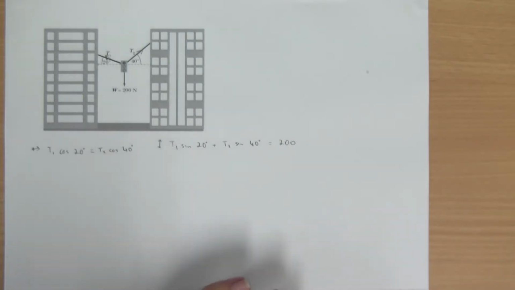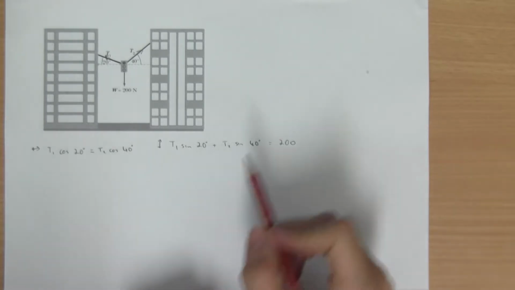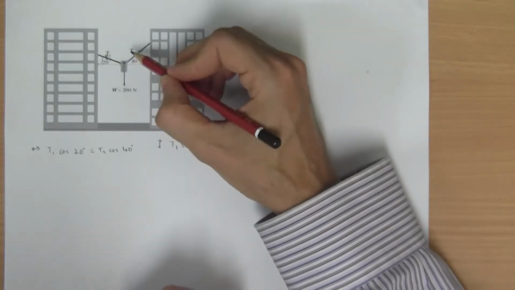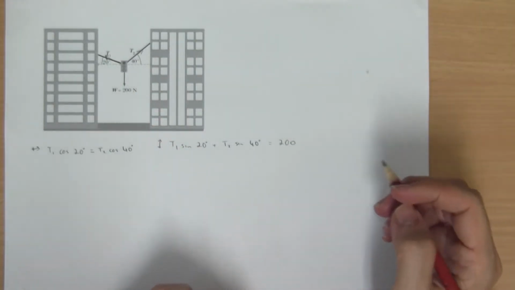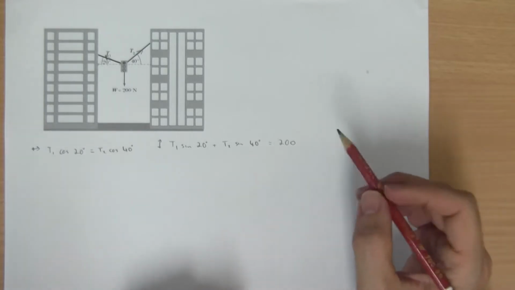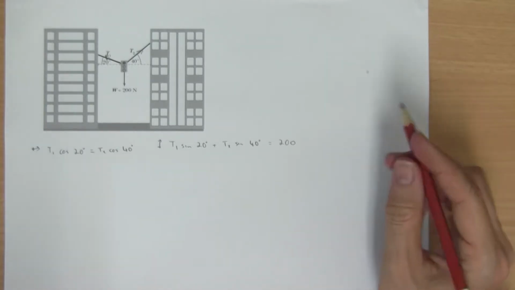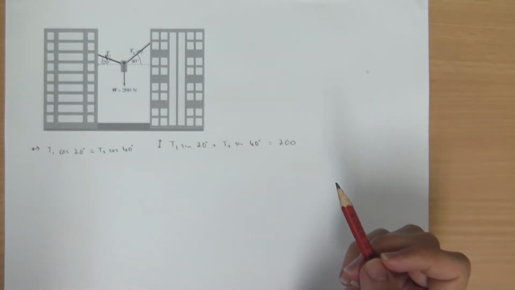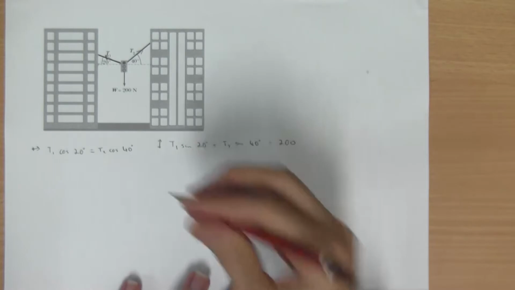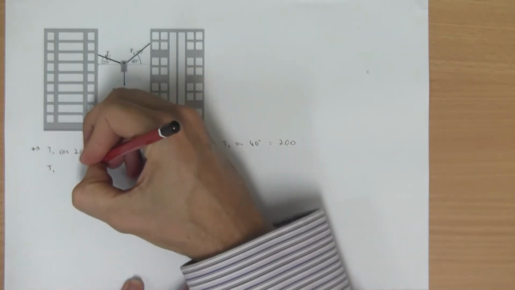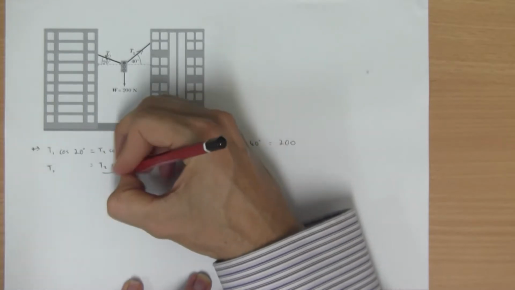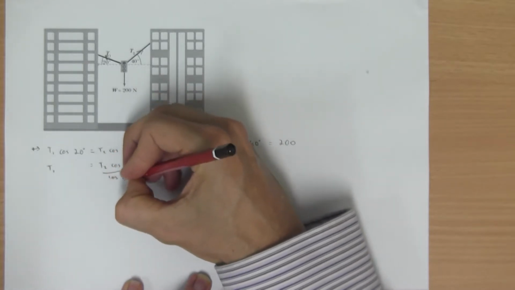The algebra is going to get a bit messy, but it's not actually that difficult. Problems like this are quite difficult when you have to solve for the angle. Then you need to be clever about using tan equals sine over cos. This isn't that kind of problem, so we should be able to do this. Simplest thing is probably to use substitution. T1 is T2 cos 40 degrees over cos 20 degrees.